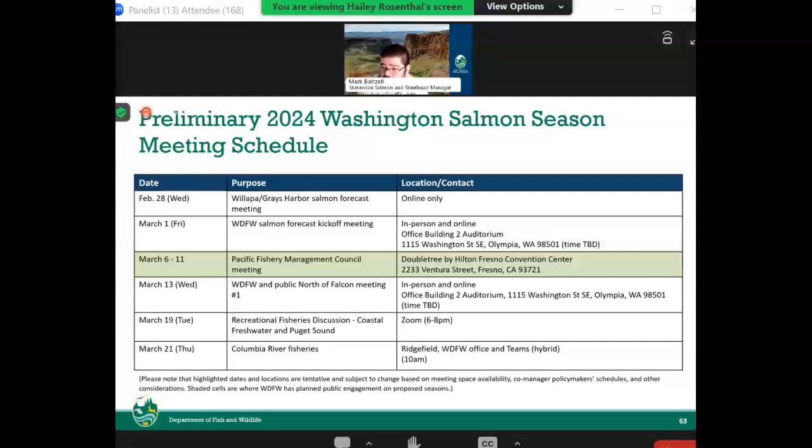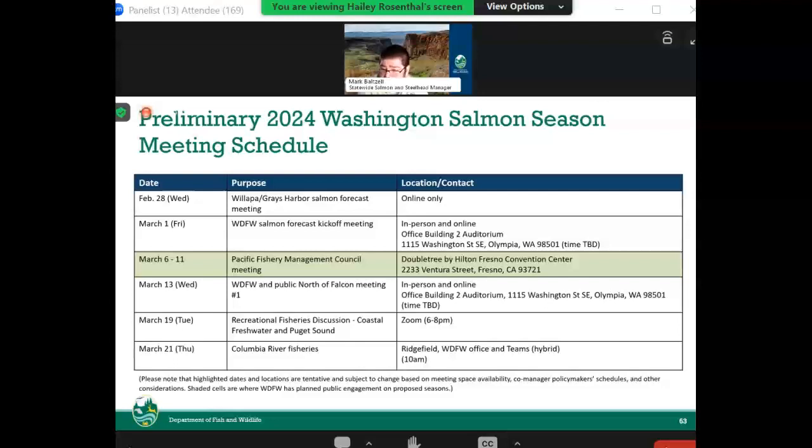It will be a hybrid meeting as well. We'll have a first recreational fisheries discussion with a Zoom meeting on Tuesday, March 19th. We'll have those ocean fishing levels and be able to start centering in on what the constraints to our fishing opportunities are for Puget Sound this year.